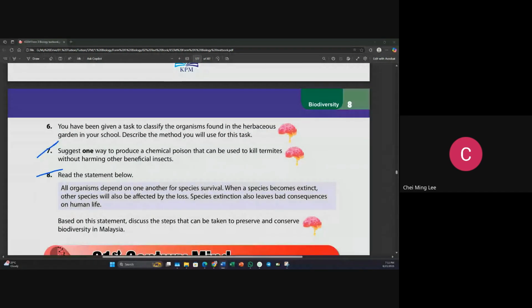You should do question 7 and question 8. The nitrogen cycle one we just don't need to do.